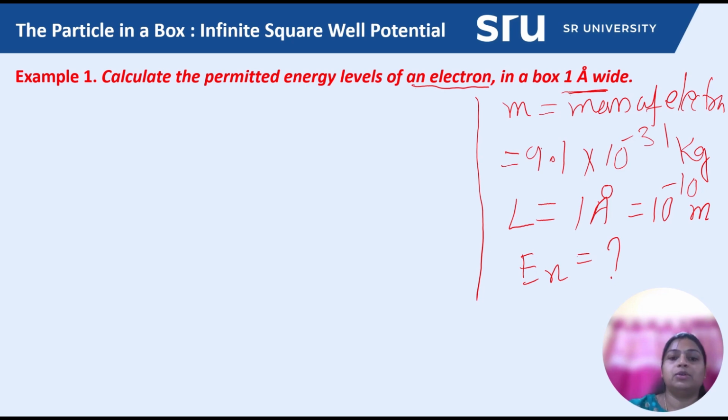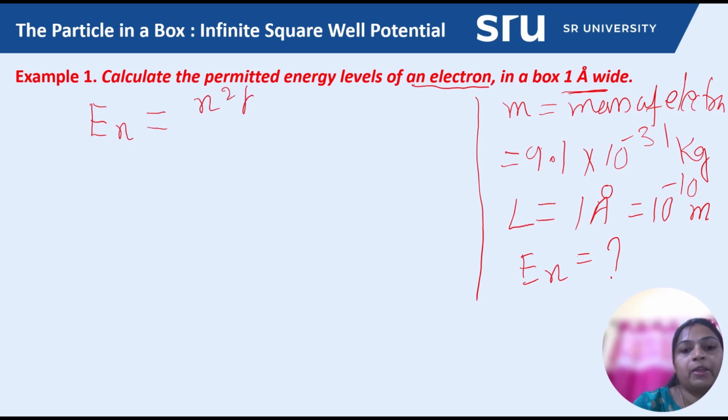From the one-dimensional particle in a box, we have seen the energy equation En. Basically En is equal to n square h square divided by 8 m L square.